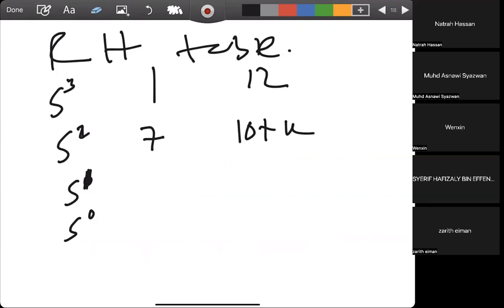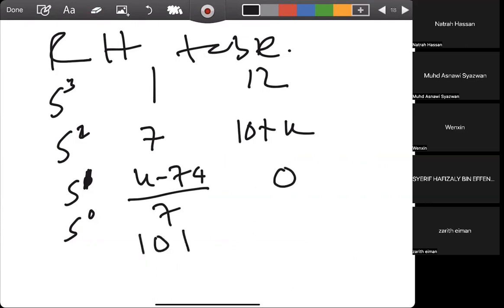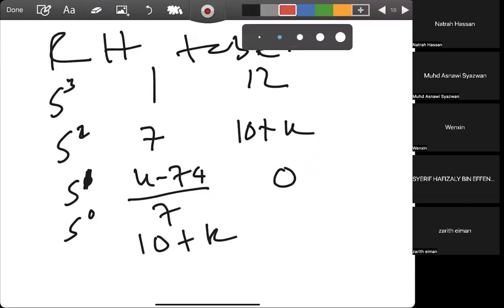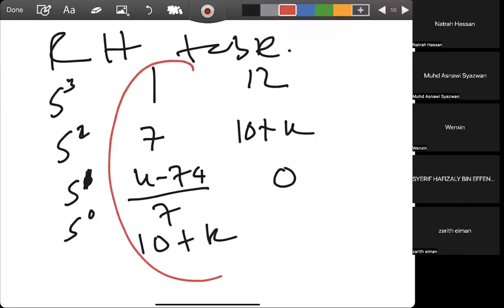This one is (74 minus K) over 7, and then 10 plus K. The first column, according to the theory, must be greater than 0 to find the range of stability.